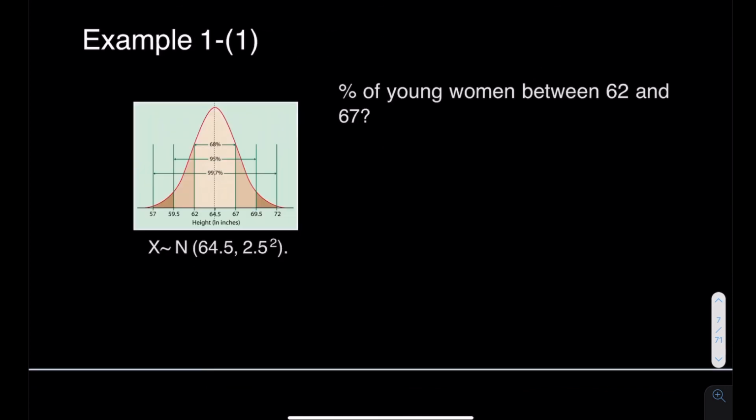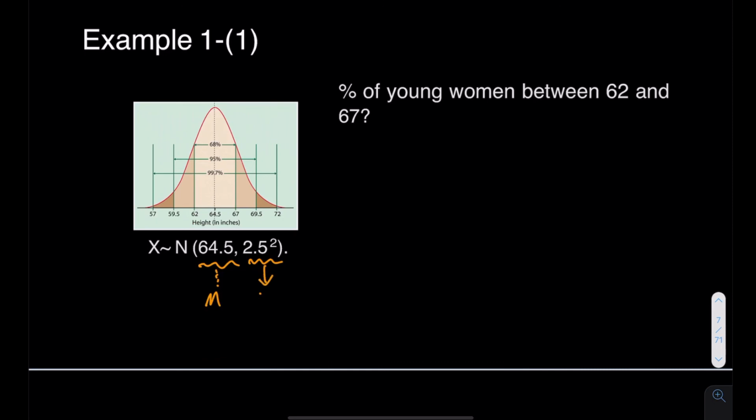Okay, if we solve some sample problems, you may understand better. To make it a little bit easier, although it's not directly related to product quality, I want to give you some typical examples used in statistics textbooks. In this example, we have the height of a young woman, and this height approximately follows a normal distribution with an average mu of 64.5 and a standard deviation of 2.5.